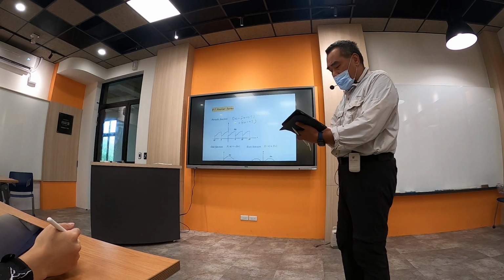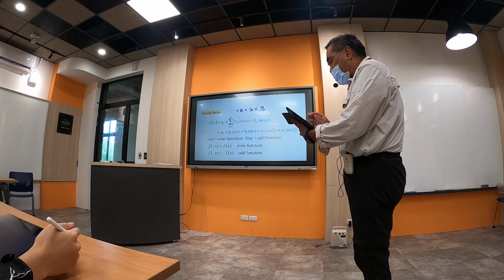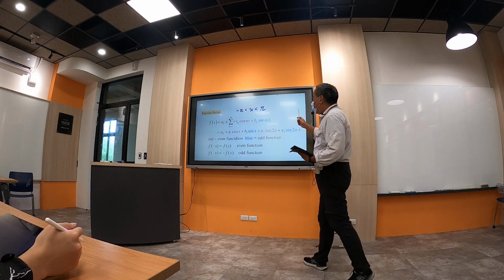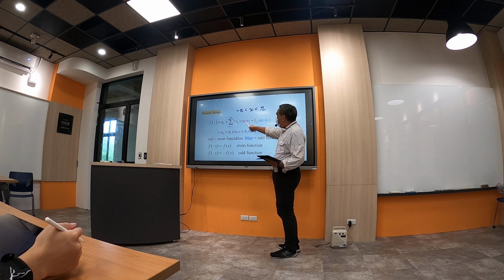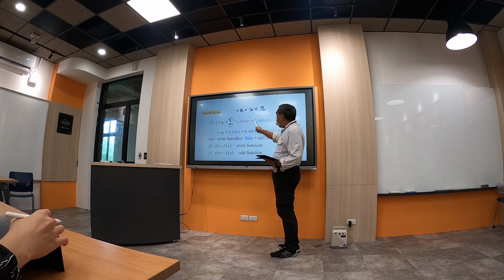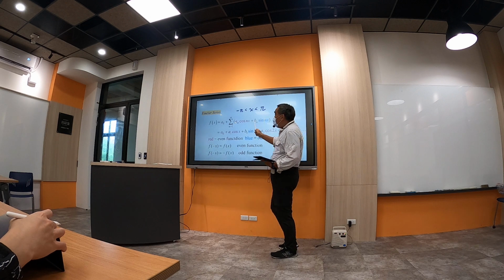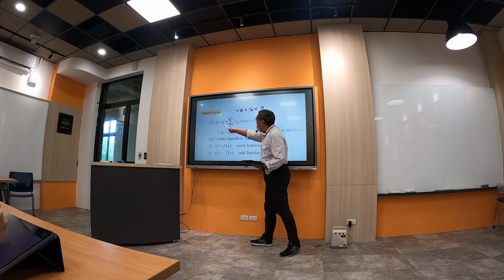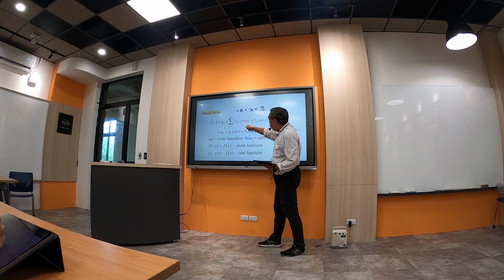Then let's look back. According to Fourier's observation, you can see cosine x is what? An even function. And sine x is what? An odd function. Any function can be decomposed into, say, the pink color or the purple color.